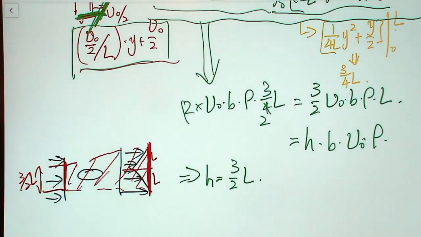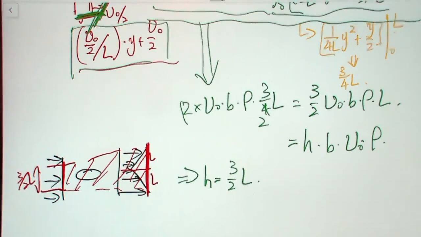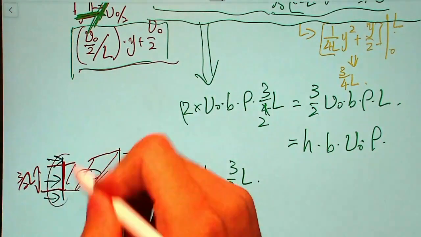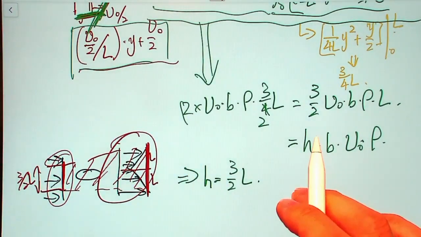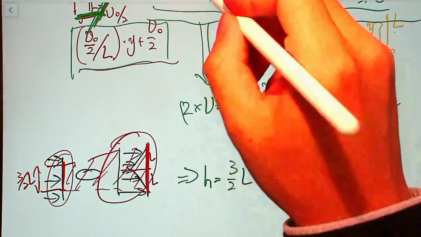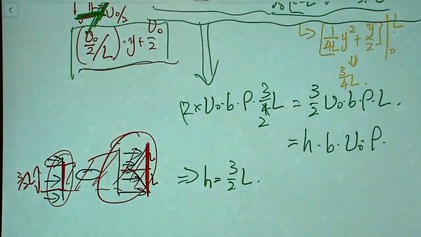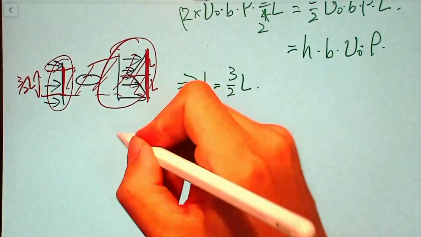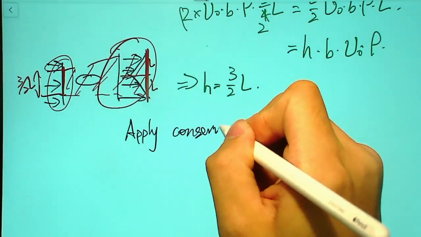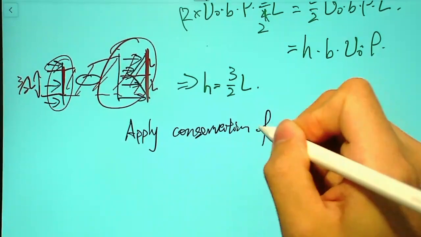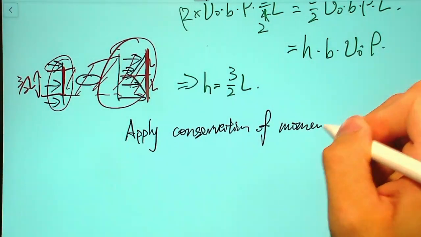Is that clear so far? Yeah. Then we know the inlet mass flow rate and the outlet mass flow rate, so we can apply the conservation of momentum.